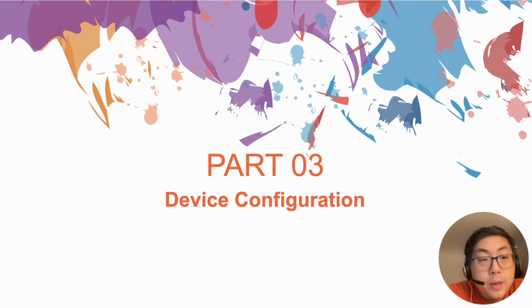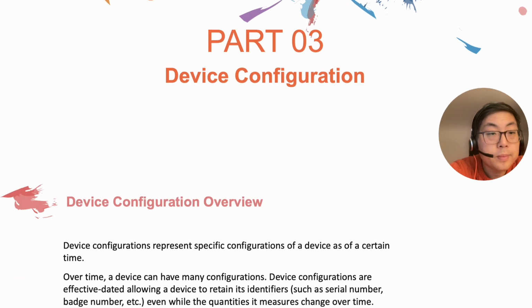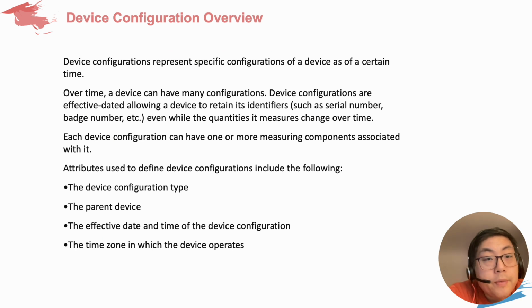So part 3, we'll look at device configuration. Now, device configuration, as I mentioned, is a connection object between device, measuring component, and service point. It represents a specific configuration of a device at a certain time.